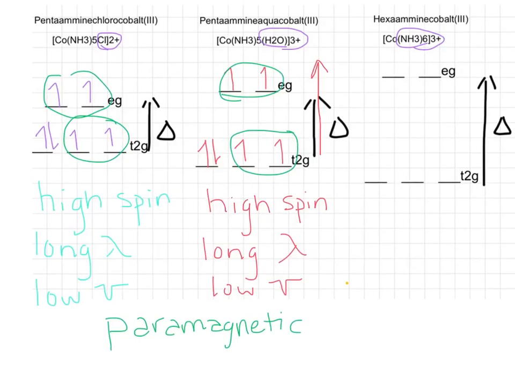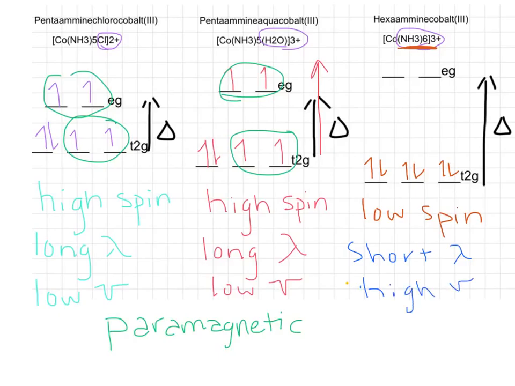Hexaamine cobalt 3 has ammonia as a strong ligand, which will cause the electrons in the cobalt 3 to pair up in the d orbital. This will give this complex ion a low spin, a short wavelength, and a high frequency.